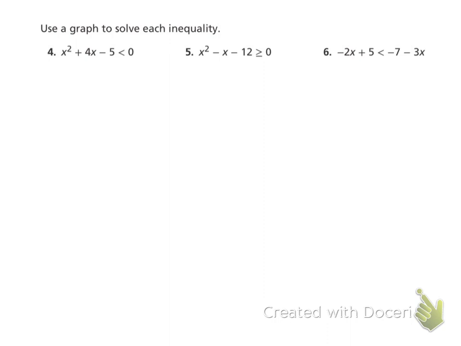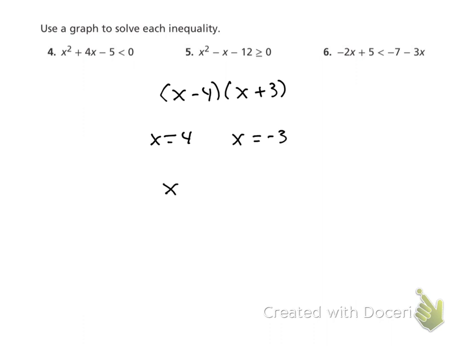All right, so number 5. We got x squared minus x minus 12. So if you graphed that, it should be x minus 4, x plus 3. So then that would be x equals 4, x equals negative 3.